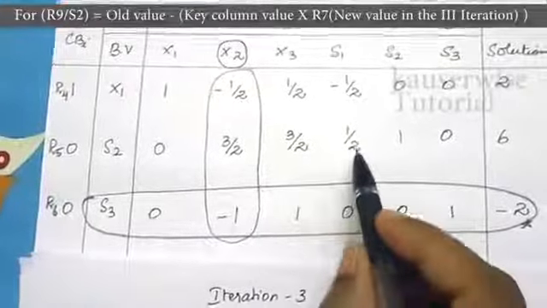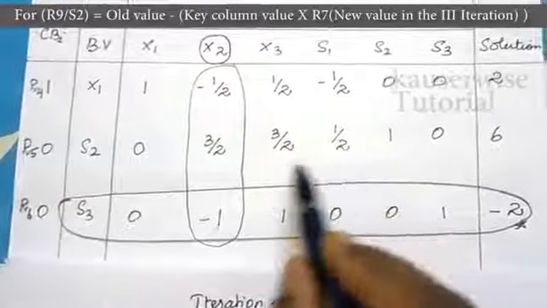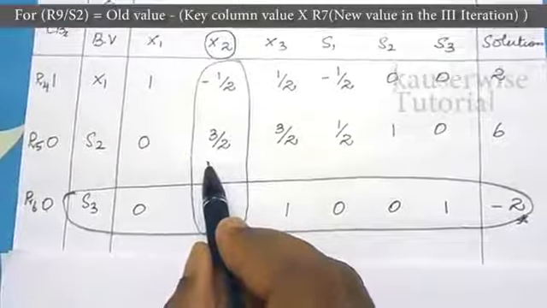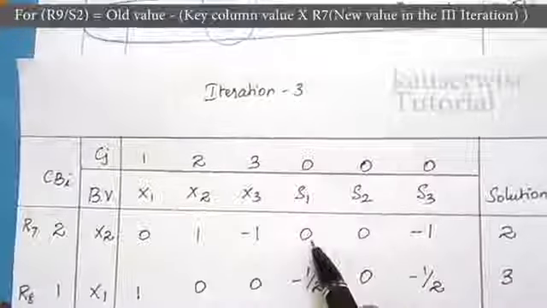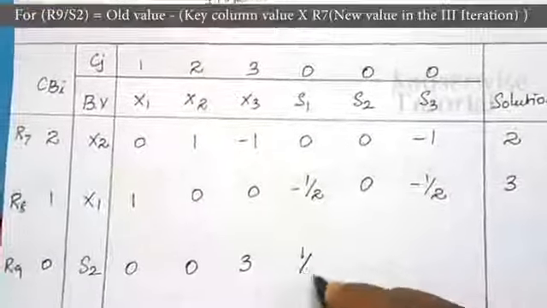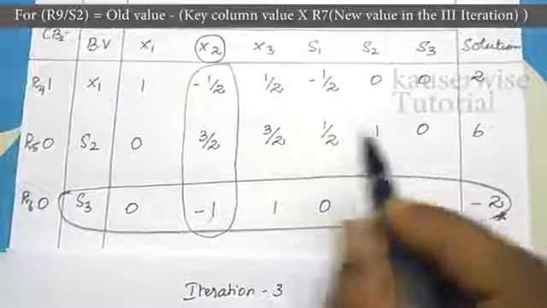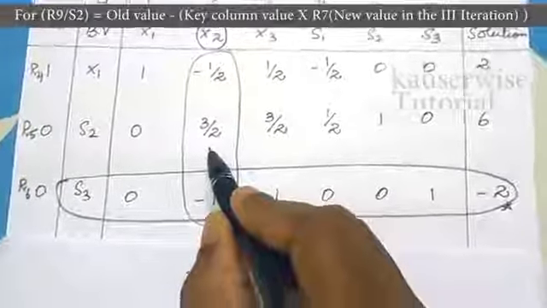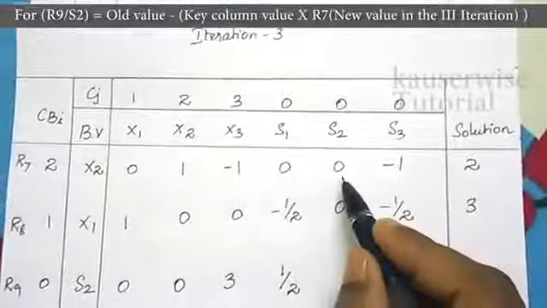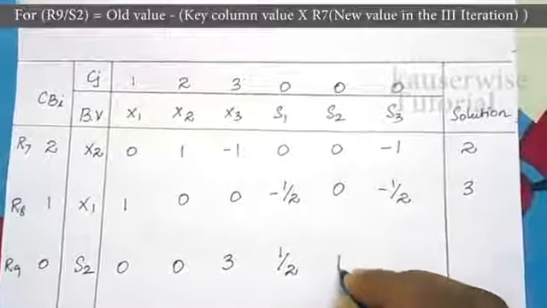3. Next one, the old value 1 by 2, minus key column value 3 by 2, into new value 0. Answer is 1 by 2. Next one, old value is 1, minus key column value is 3 by 2, into new value is 0. The answer is 1.